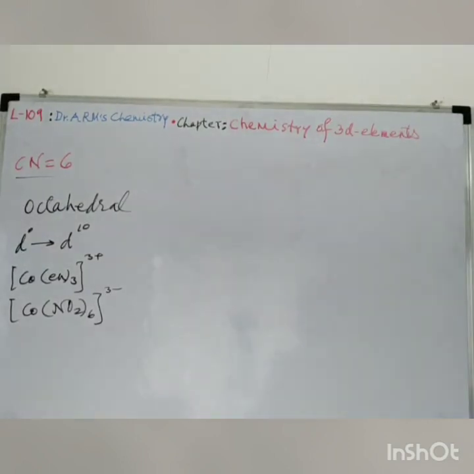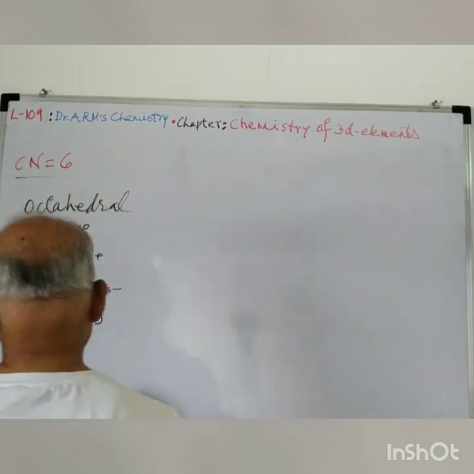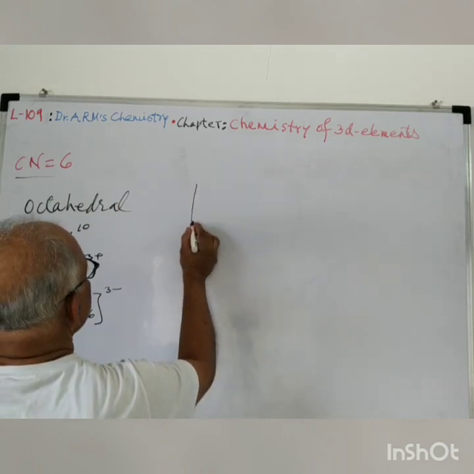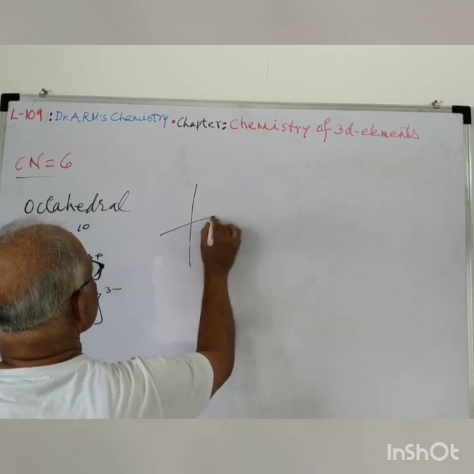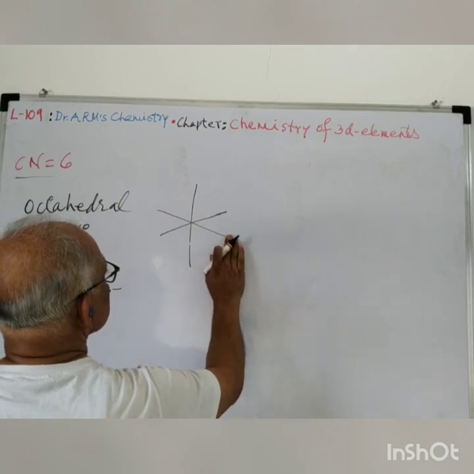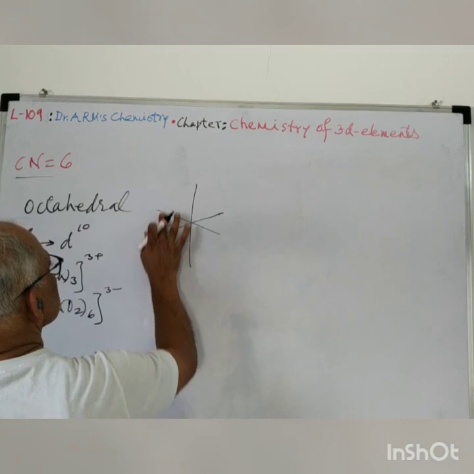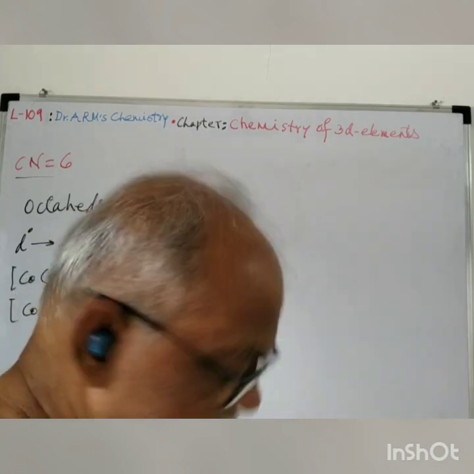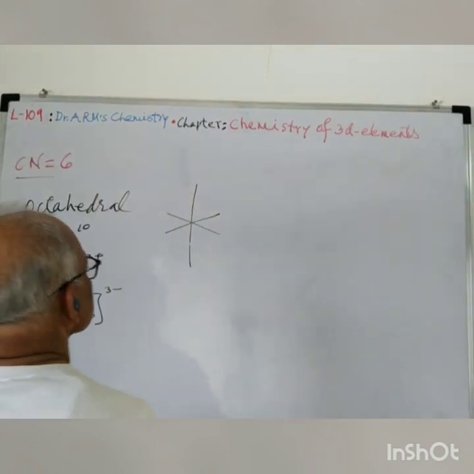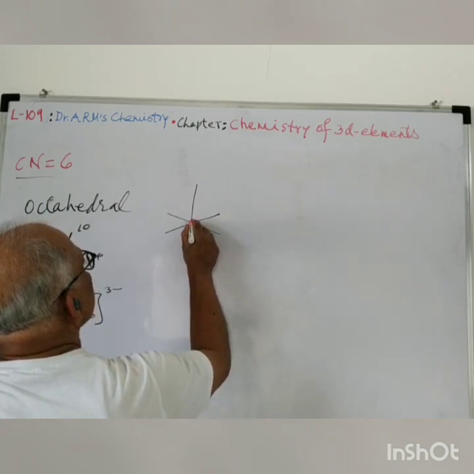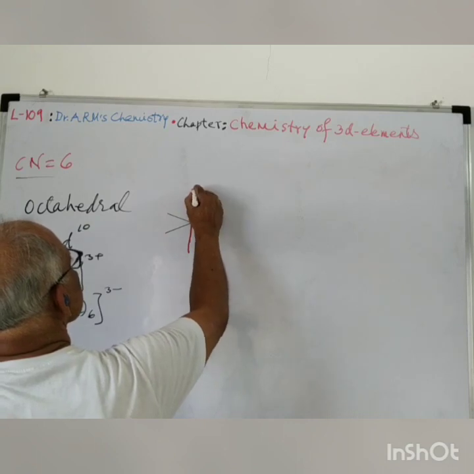Now, if we see the structure of the complexes of this octahedral nature, we find that the structure is elongated along the axis, like this. It is like this. It means the ligands are elongated in this direction.